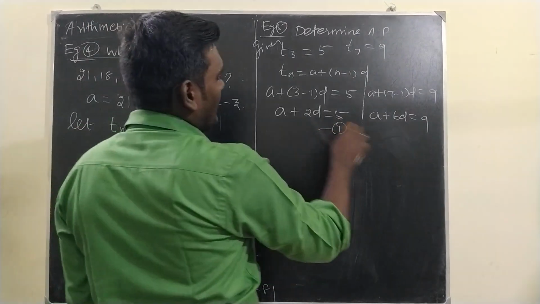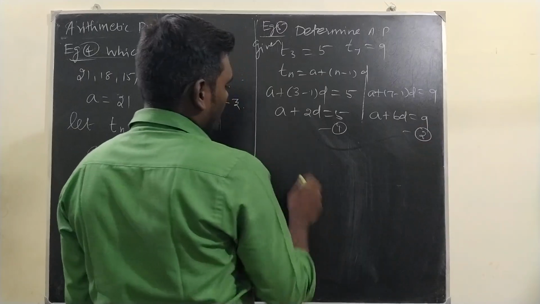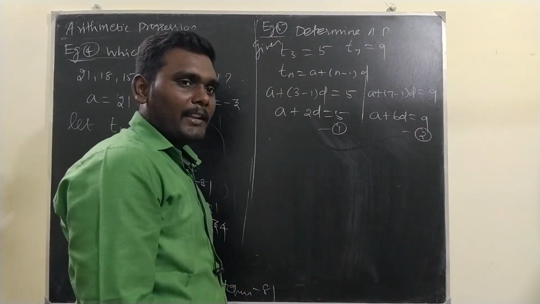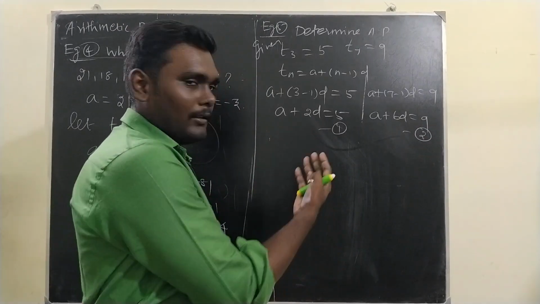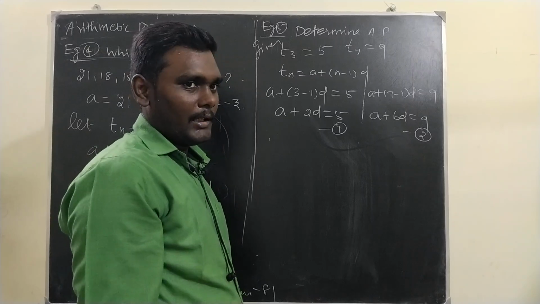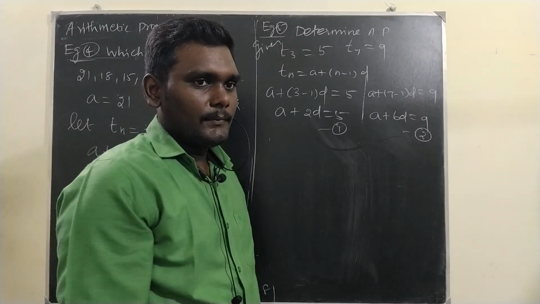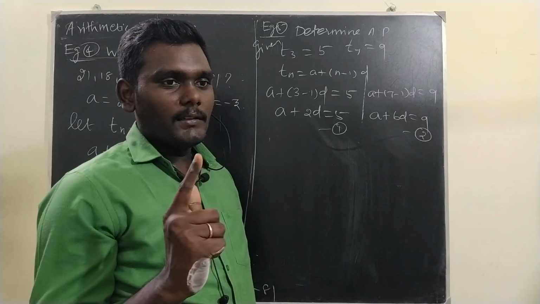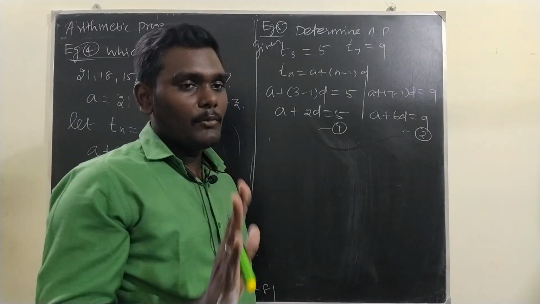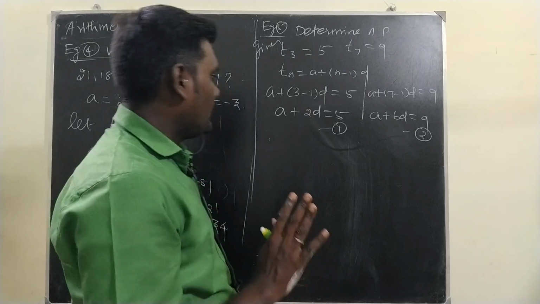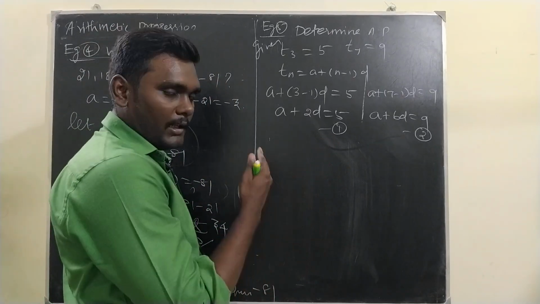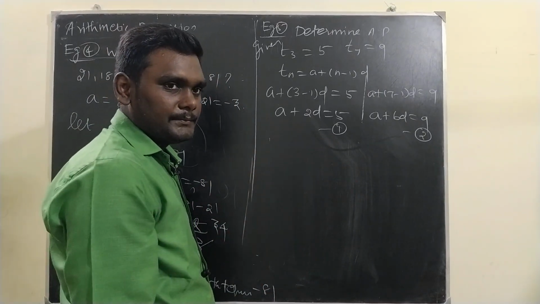So mark this as the first equation, and this as the second equation. How do you solve this? Elimination method. Okay. In the elimination method, what is the thing that you check first? Whether any variable has the same coefficient or not, we have to check.